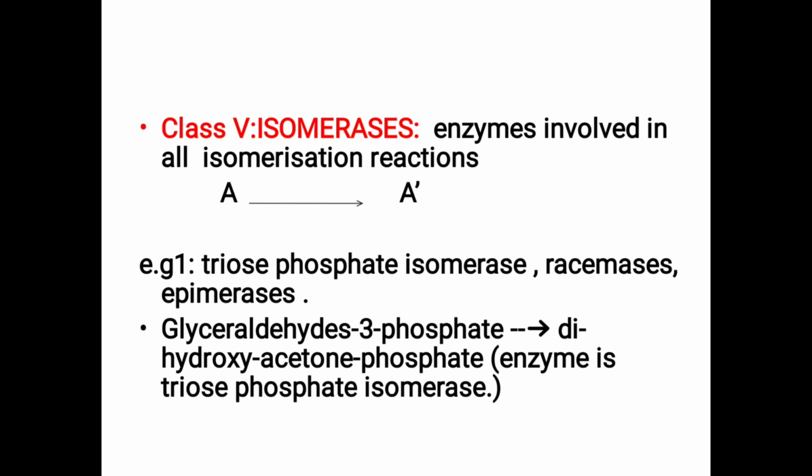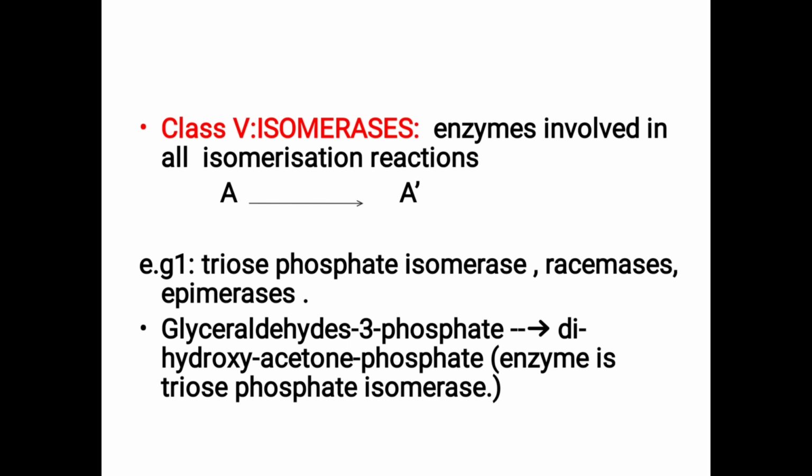Isomerases are enzymes involved in isomerization reactions, changing one isomer to another, like glyceraldehyde 3 phosphate converted to dihydroxyacetone phosphate. These are interchangeable. Dihydroxyacetone phosphate can also be converted to glyceraldehyde 3 phosphate.